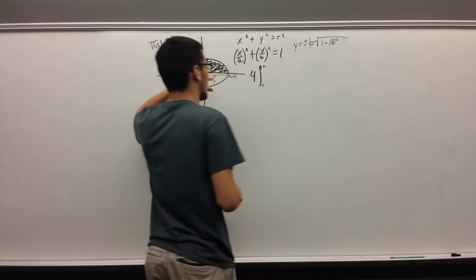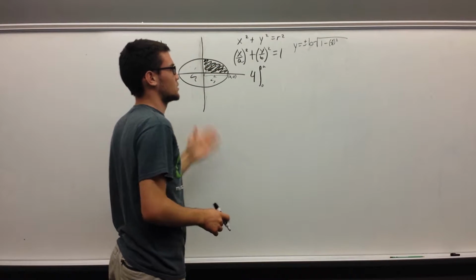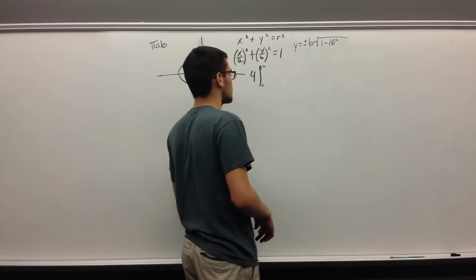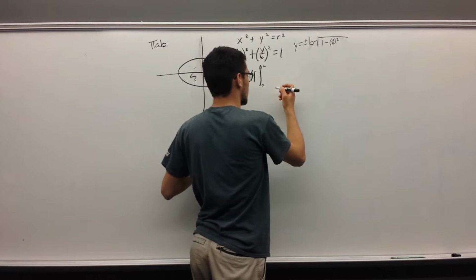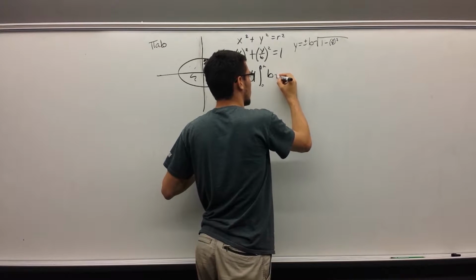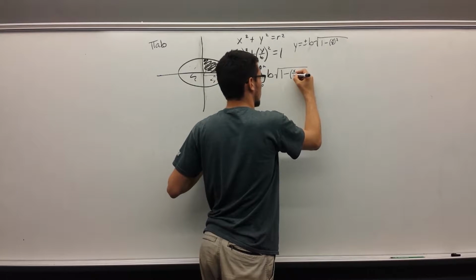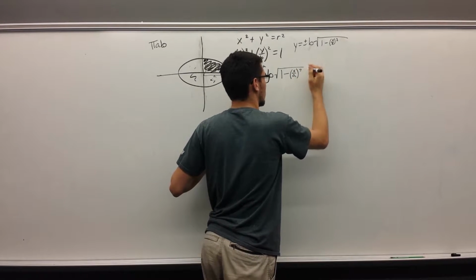In this case, we don't need to worry about positive or negative because it's all above the x-axis, so it's all positive. So we get the integral of b times the square root of 1 minus (x over a) squared dx.